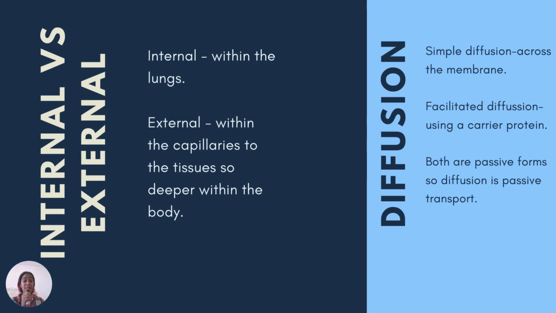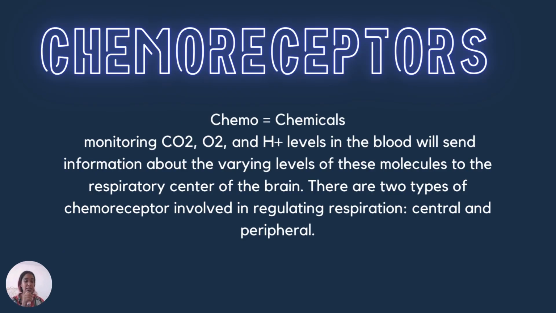And then you have facilitated diffusion. Picture this being like, I need a bouncer, my proteins carrying me in. Both are passive forms. So diffusion is passive transport, either simple or facilitated diffusion, depending on what it is or where it's trying to cross, right?